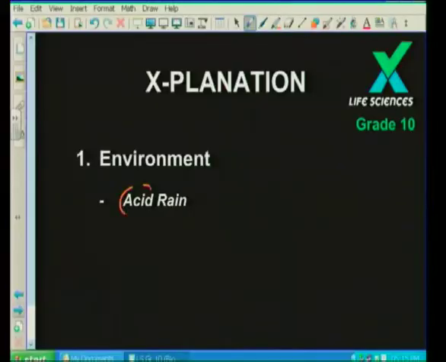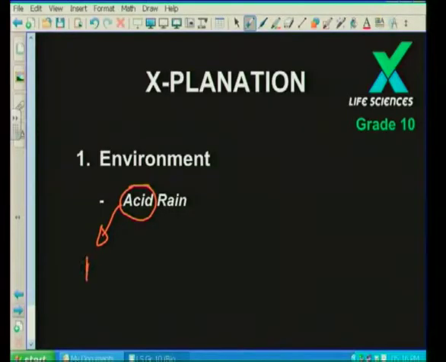All right, that brings us to the word acid rain. Now, I'm sure you've heard of this before. Maybe I should just look at the word acid. What does the word acid mean? Now, I'm sure you know that if your dad puts acid in the pool, it will kill all the algae that grow there, so you have beautiful blue water to swim in.